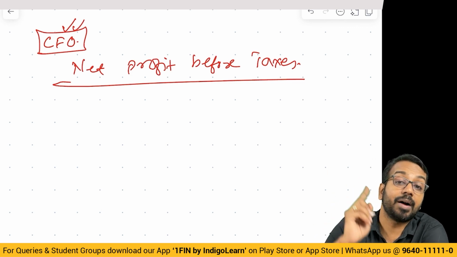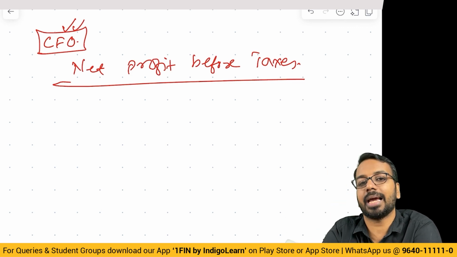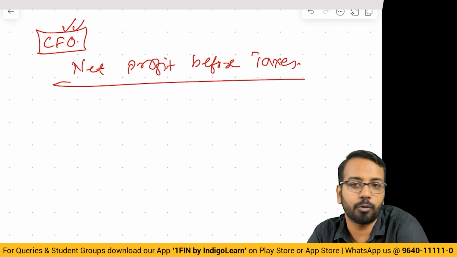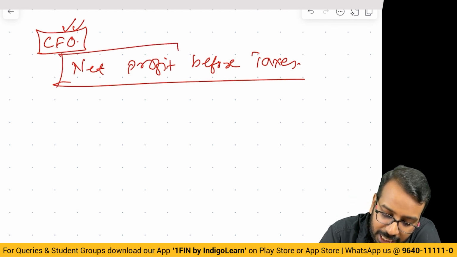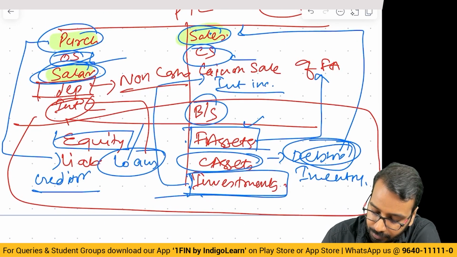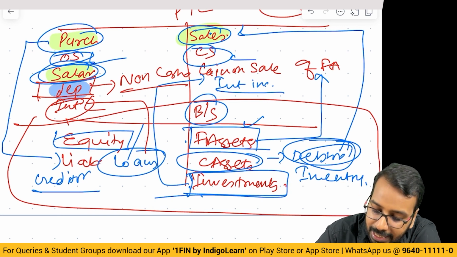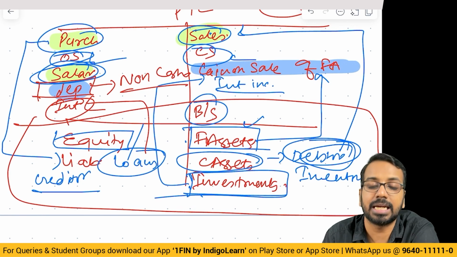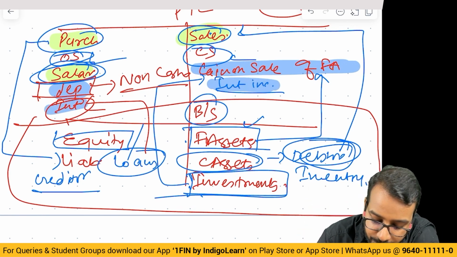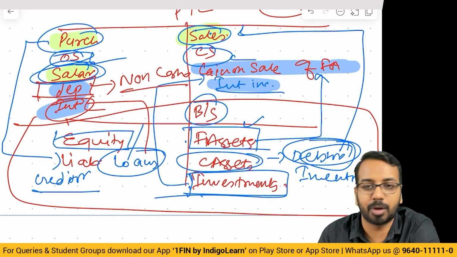If it is after taxes, you will add back the taxes and you will get to the net profit before taxes. Now please understand, when you get this net profit, there are items like depreciation, which is non-cash. There are items like gain on sale of fixed asset, which does not pertain to operating activity. There are items like interest income and interest expenses, which are not a part of my operating activity.